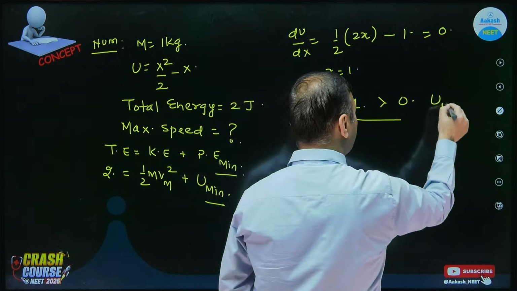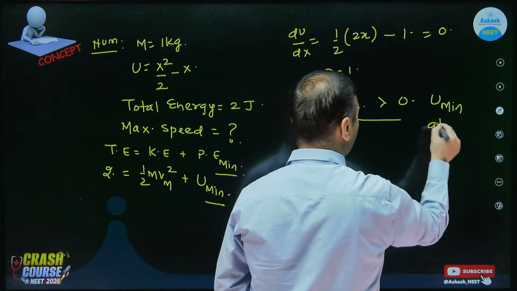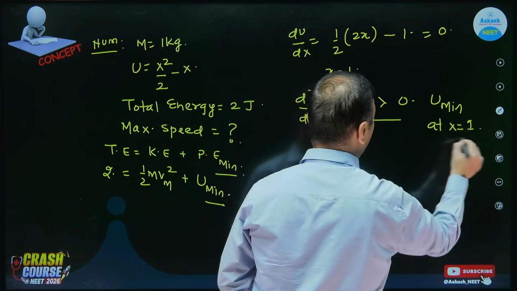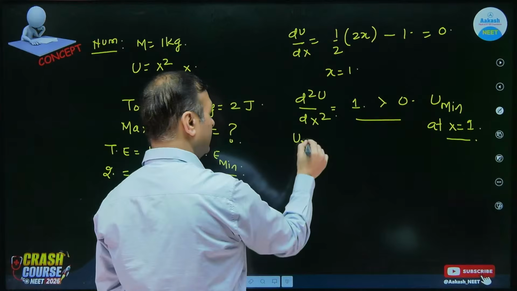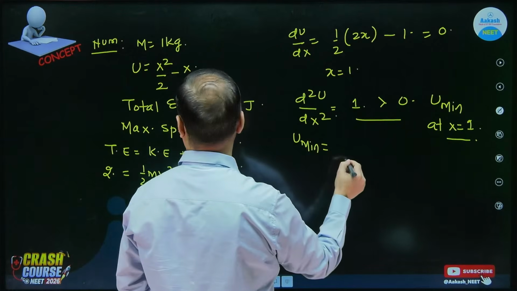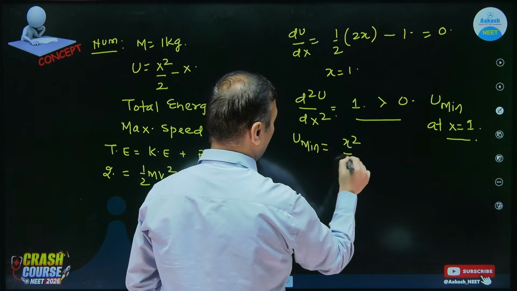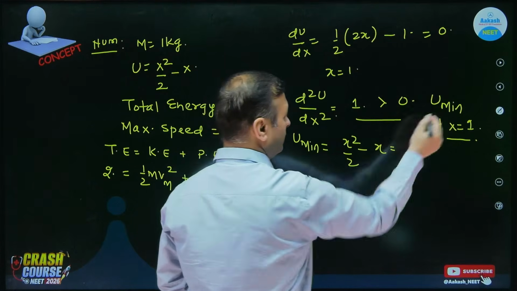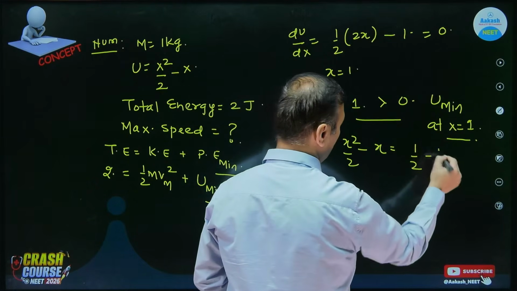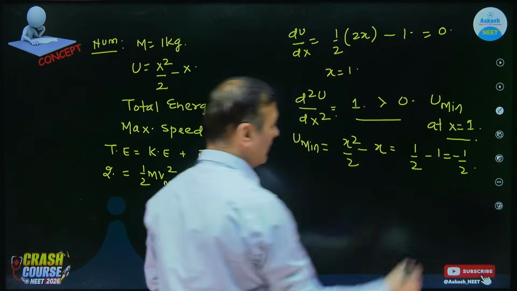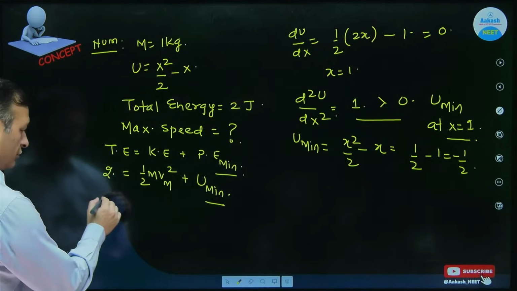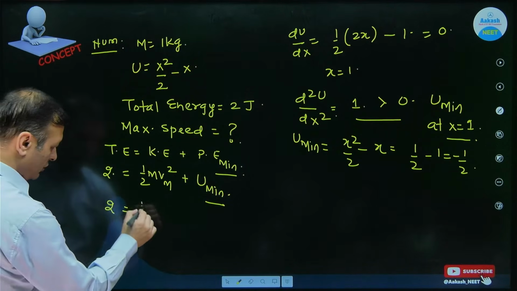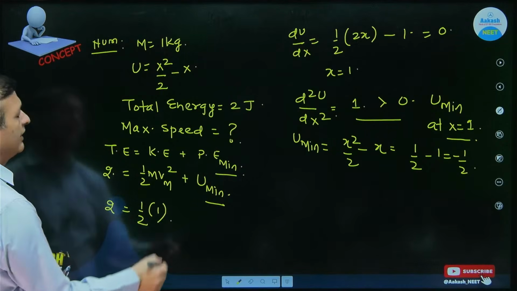It means potential energy is minimum, and that minimum happens at x equal to 1. So let's define the minimum potential energy, that means x square by 2 minus x. So we'll keep x as 1. So this means 1 by 2 minus 1, that gives you minus 1 by 2. So 2 is equal to half mass, we'll keep it as 1.